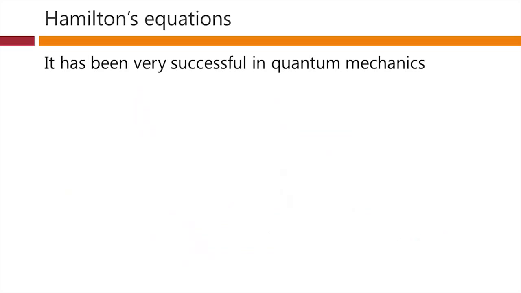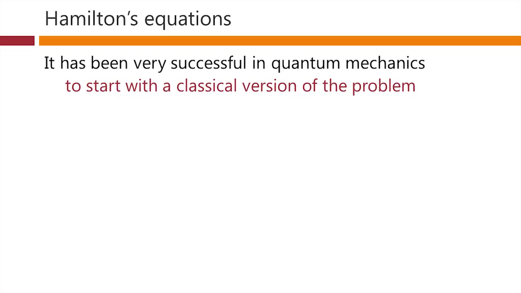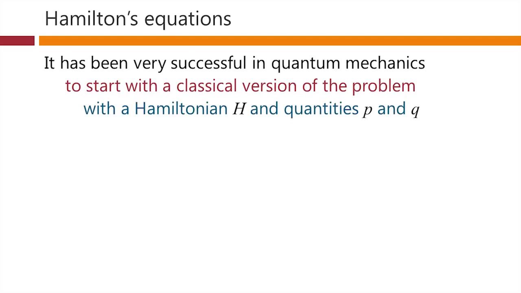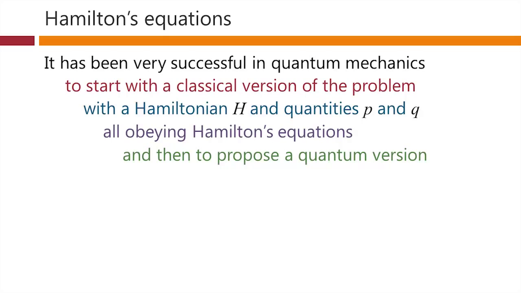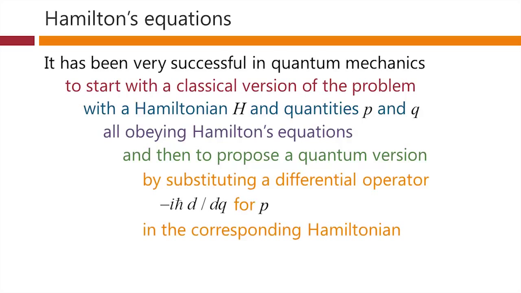It has been very successful in quantum mechanics to start with a classical version of the problem with a Hamiltonian and quantities p and q, all obeying Hamilton's equations, and then to propose a quantum version by substituting a differential operator minus i h bar d by dq everywhere in our classical expression we find p.